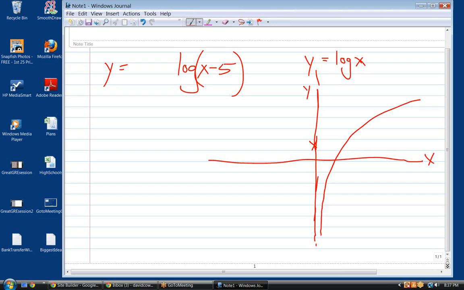What's happening here with the x minus 5? It's going down 5. No, that's a horizontal shift. In other words, this is of the format x minus h. So it's moving to the right by 5 units.